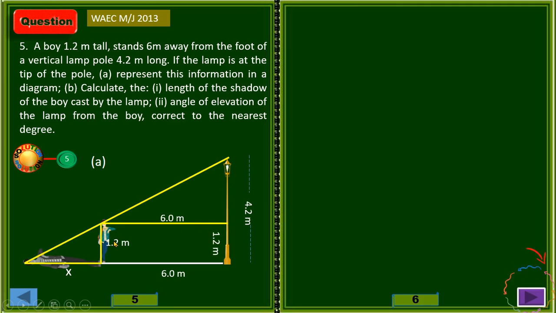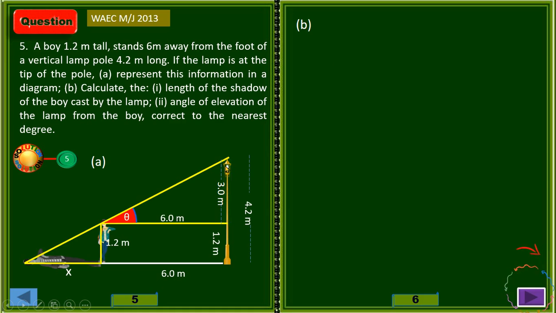So this side also is 4.2 meters, and if this is 1.2 meters, then the difference between the top of the lamp pole and this point will be 4.2 minus 1.2. That will give us 3.0 meters. Now we're going to go to the solution to B.